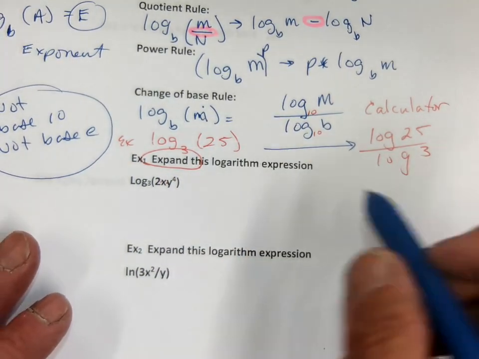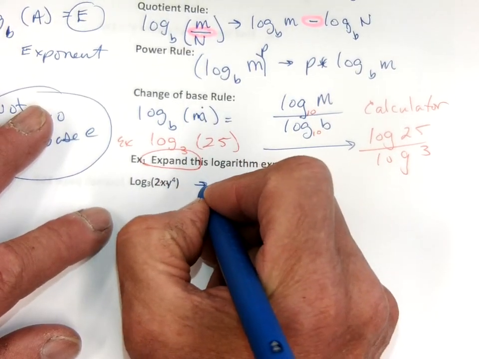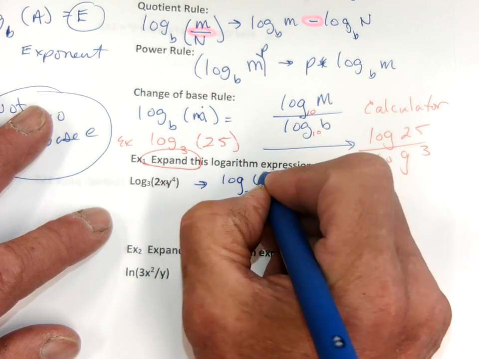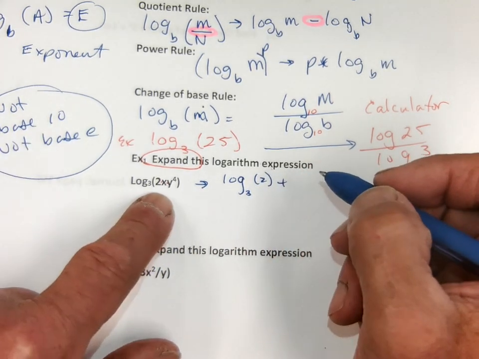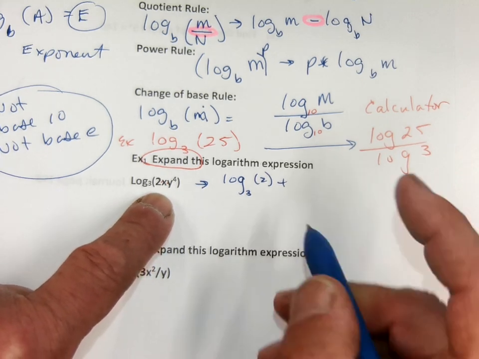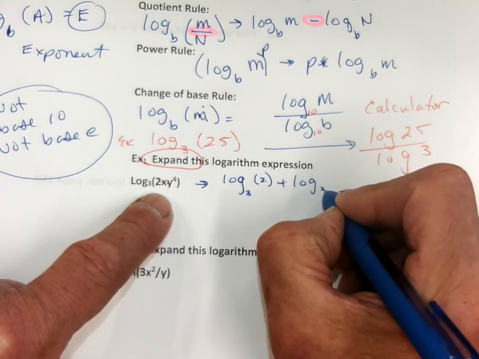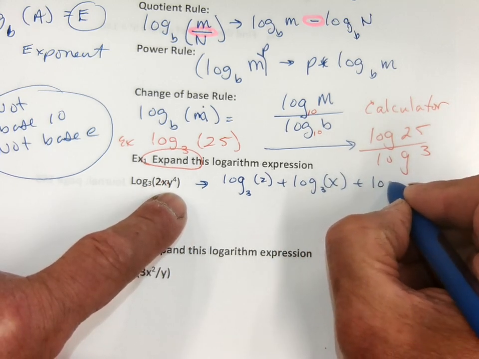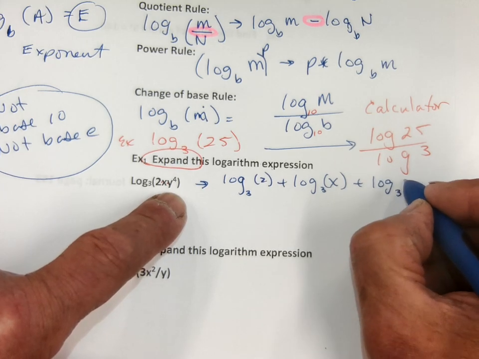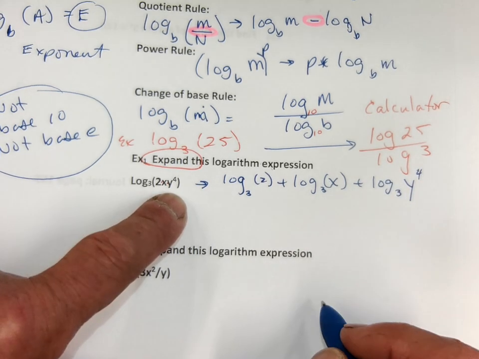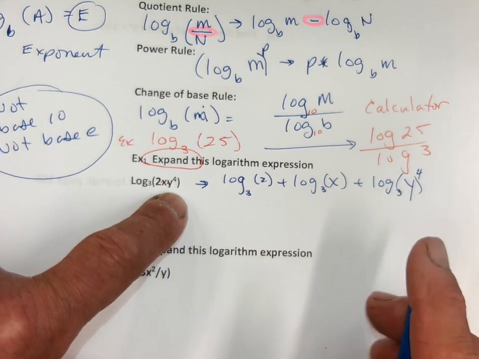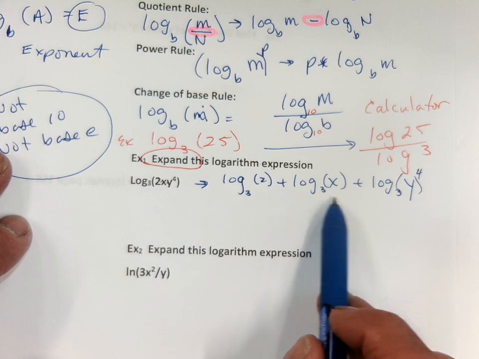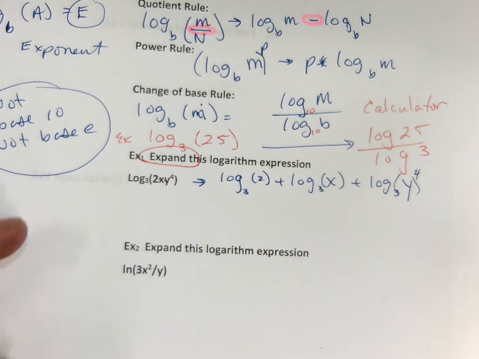So we're going to rewrite this as expanded: log base 3 of 2 plus log base 3 of 2 plus log base 3 of x plus log base 3 of y to the 4th, okay? So invisible times, when I expand it, I just make those into pluses. That's all I do.